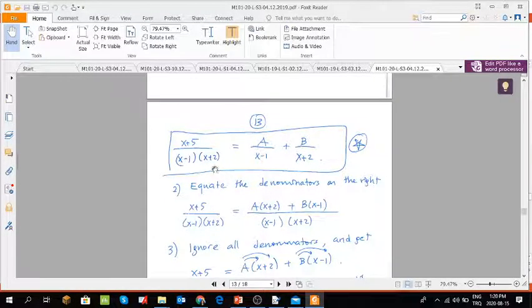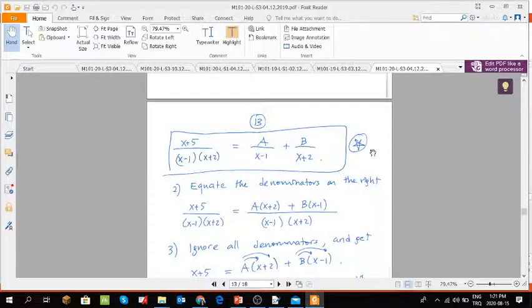The linear factors in here don't have powers. At the beginning, we said that if they have powers, you write A1 over x minus 1, A2 over x minus 1 squared, etc. But since the powers are 1, you don't have to do that. You just use A over x minus 1 plus B over x plus 2.